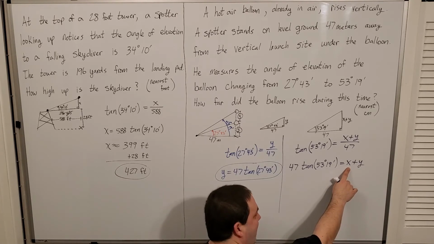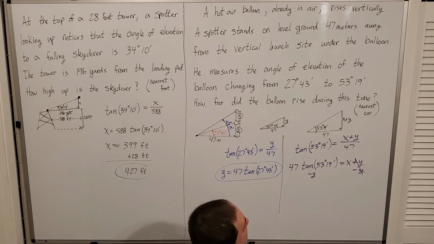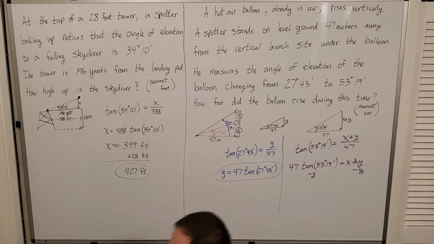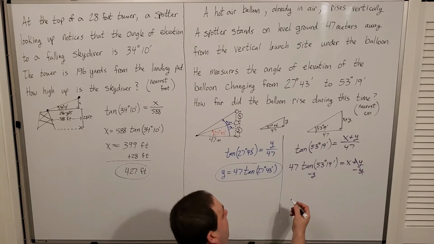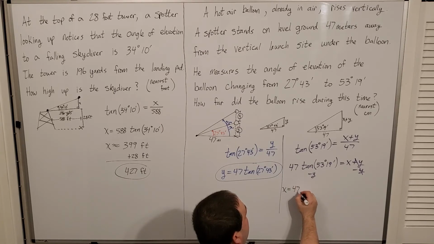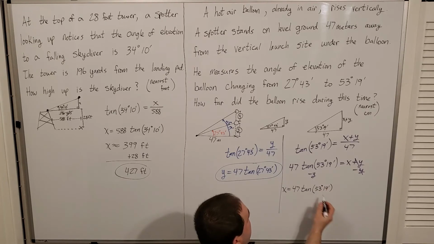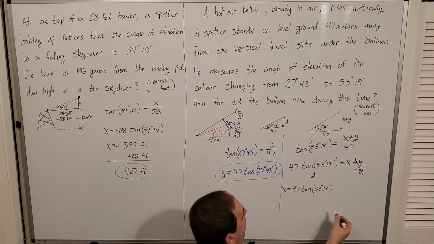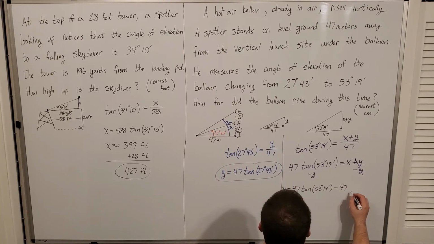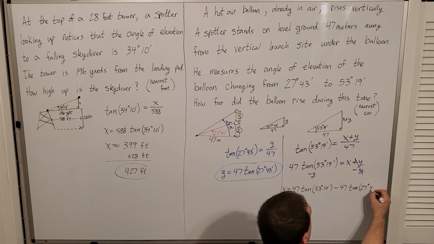I'm interested in x, so I'm going to subtract y from both sides. But instead of y, I'm going to write this. So here's what we get: x is equal to 47 times tangent of 53 degrees 19 minutes, minus y. This is y right here: 47 tangent of 27 degrees 43 minutes.